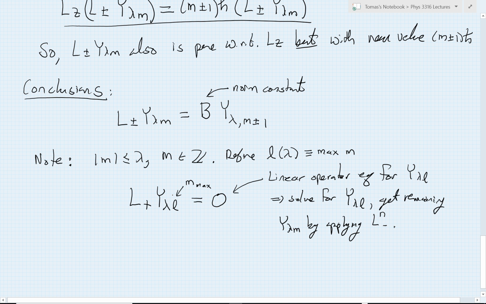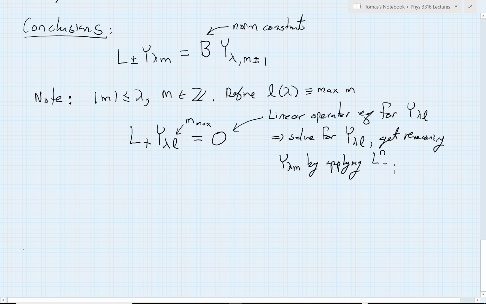Very nice. Now, this equation has one other very important consequence, in that it tells us what the actual allowed values of L squared are. And that comes back to the very beginning identity that we were looking at in this lecture.